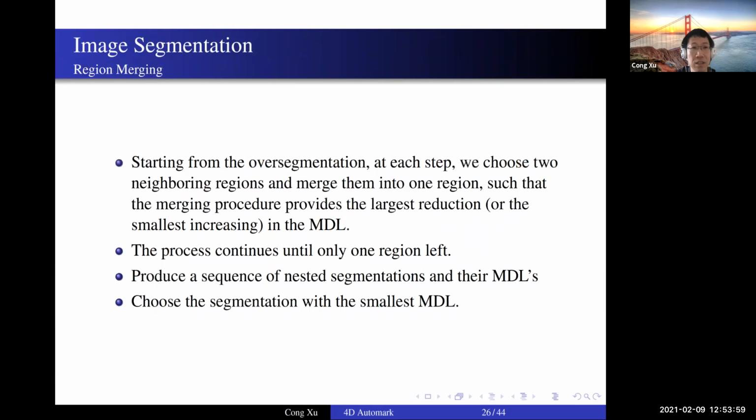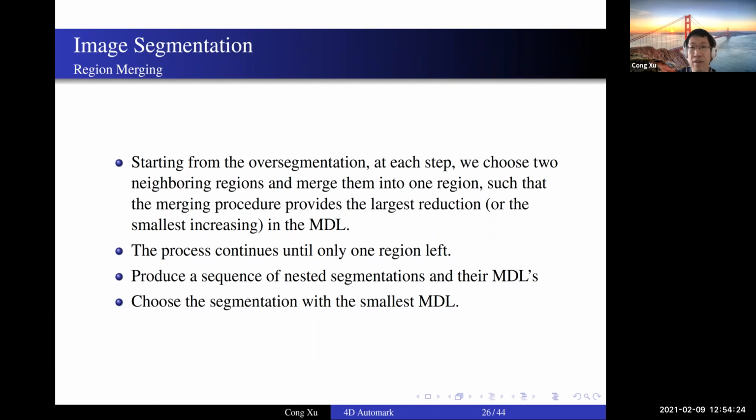Okay. So starting from the over segmentation, the next step is to do the merging. At each step, we choose 2 neighboring regions and merge them into one region, such that this merging provides the largest reduction in the MDL. And we just keep doing so.